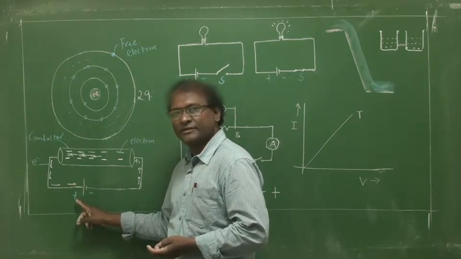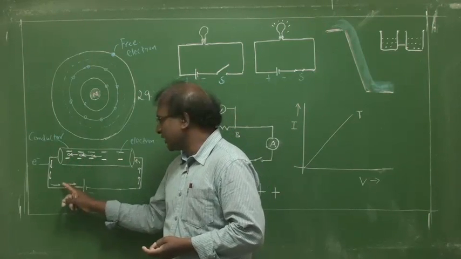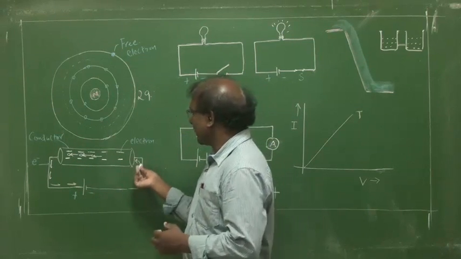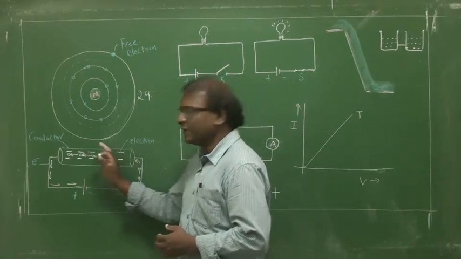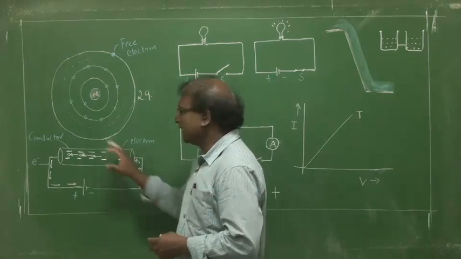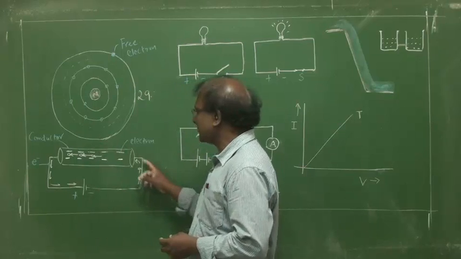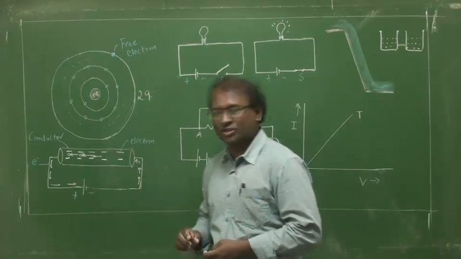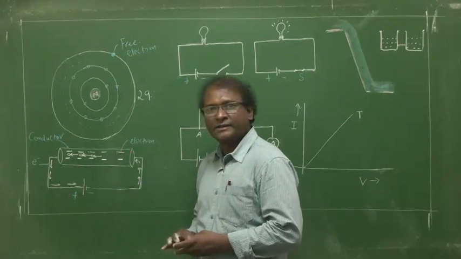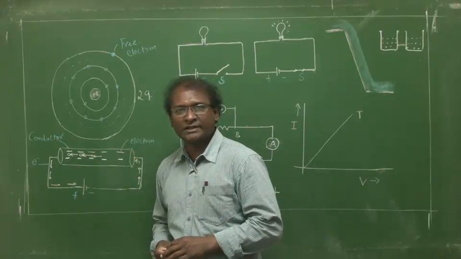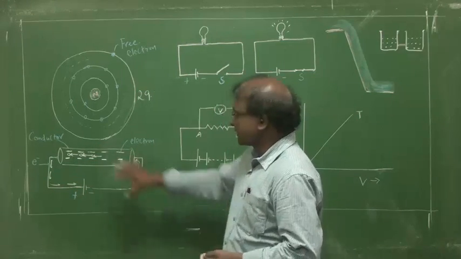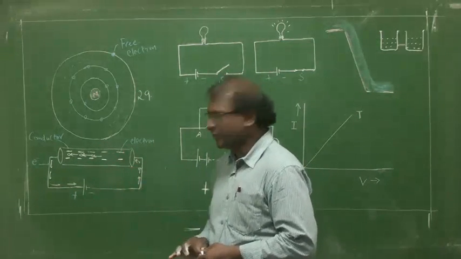Because this is positive, and therefore electrons get attracted to the positive terminal of the battery. The net deficit in the conductor because of the movement of the electrons is supplied by the cell to replace those electrons. So there is continuous flow of the electrons, and this constitutes electric current in any conducting wire or conducting medium. This is all the basics of current flow.